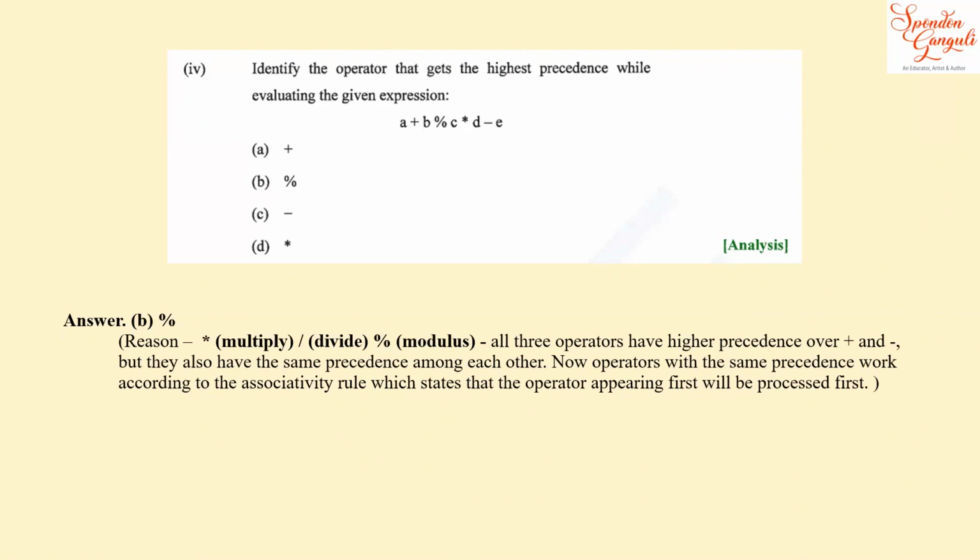When multiple operators in an expression have the same precedence, in case of multiply, divide, and modulus, the associativity works from left to right. Whereas, if it is plus and minus, the associativity works from right to left. Don't forget that. So the correct answer here is modulus.